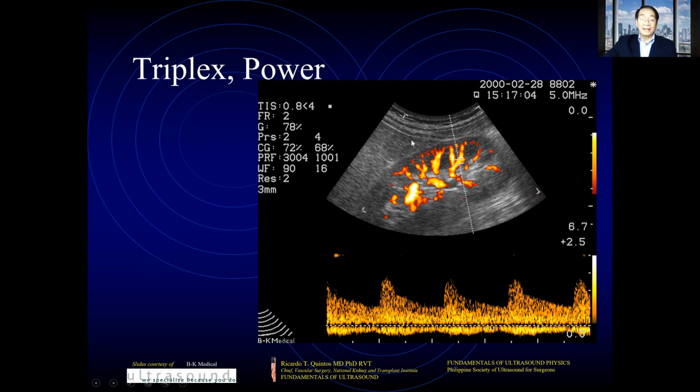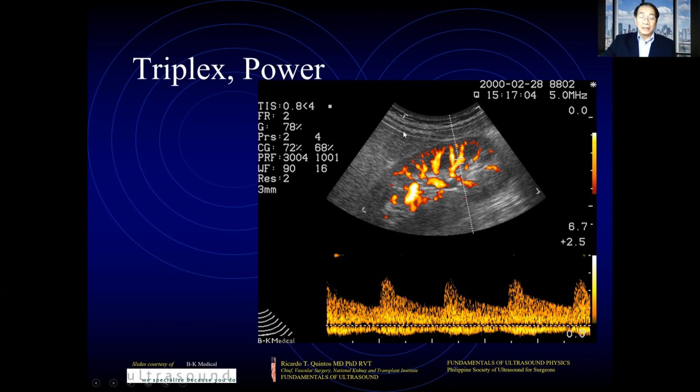Now be wary when your ultrasound company will try to sell you a machine that they will claim to have triplex mode, and will show you this image. Some machines are not really duplex modes or triplex modes, but they will have this kind of image. Why?